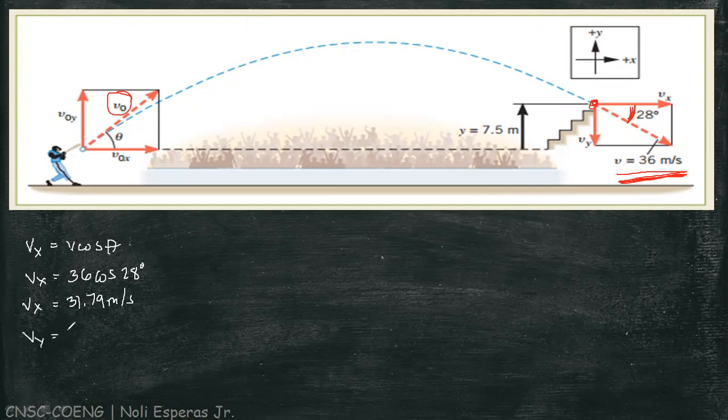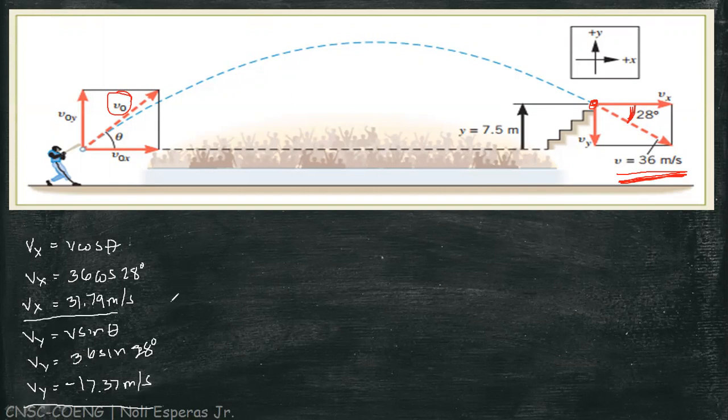For Vy, we use sine. Therefore, Vy is equal to negative 17.37 meter per second.